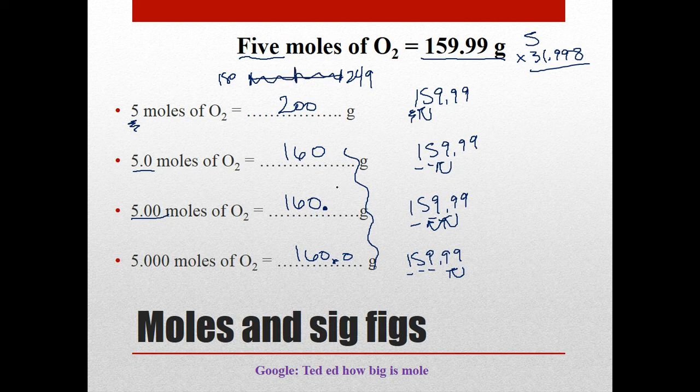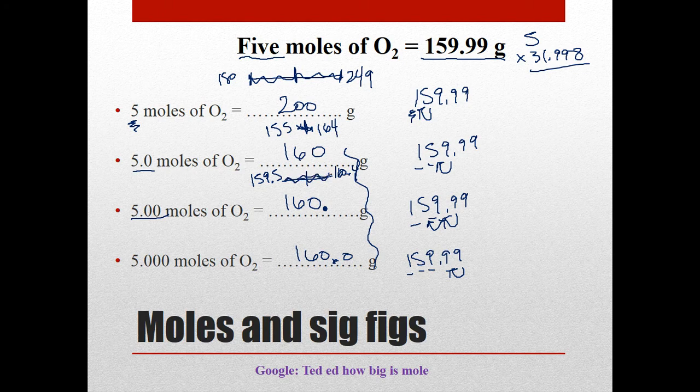I rounded it to 200. Here, I'm saying it could kind of be anywhere between maybe 155 and 164-ish. It's a much smaller range that I rounded to 160. This decimal tells me that I am rounding from like 159.5 to maybe 160.4.